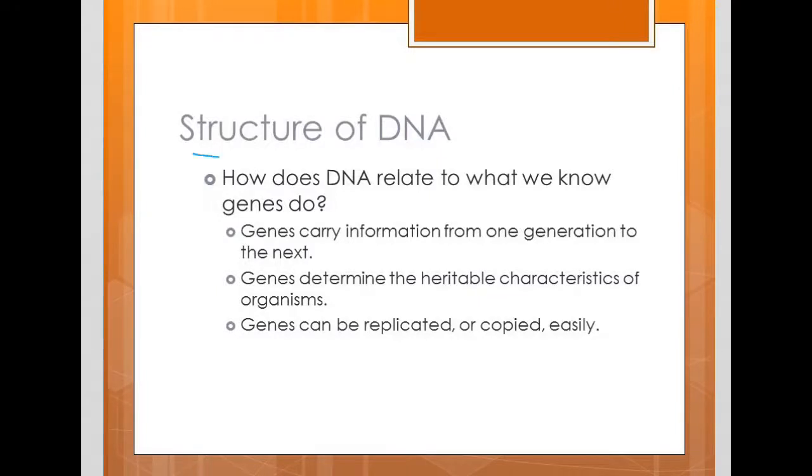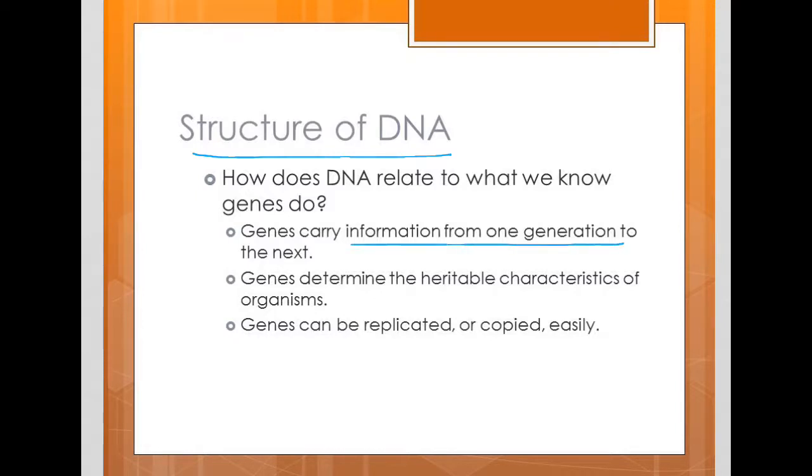In this video we're going to discuss a little bit about the structure of DNA, and as we think about the structure of DNA, we need to think about how DNA and its structure allow DNA to do what we know genes do. So we know genes carry information from one generation to the next.